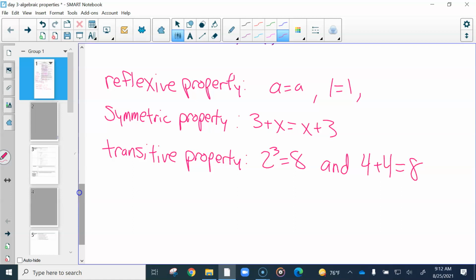We know that. Then we could say 2 to the third equals 4 plus 4. It's taking two different things that are equal to the same thing and setting them equal to each other. So I could say 2 to the second power equals 2 plus 2, or 2 times 2. There's so many different ways you could do a transitive problem.